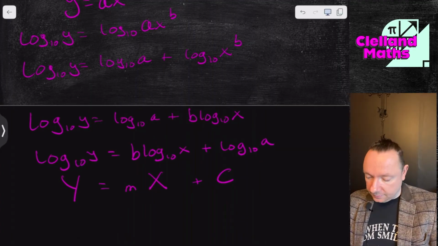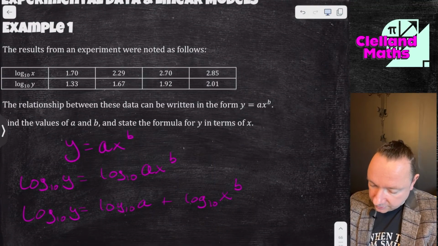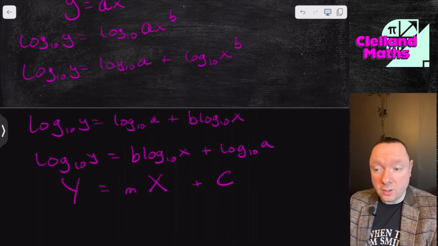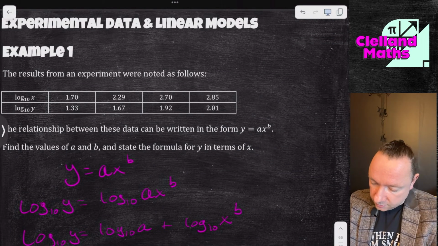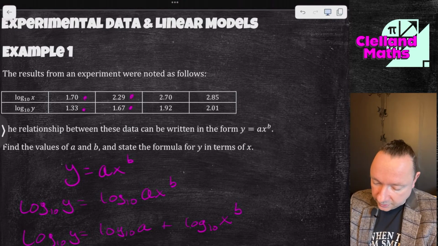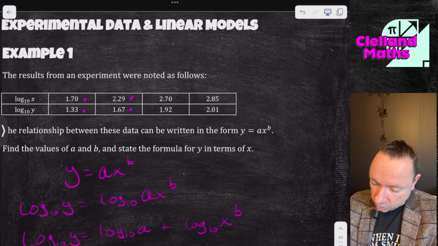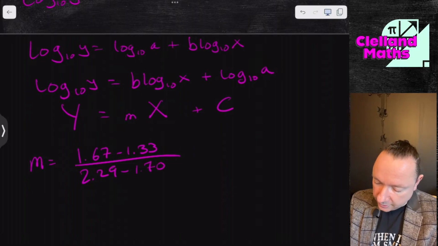What about our gradient? Well, our gradient can be determined by any points because our data is given to us in terms of log x and log y. So our gradient is y2 minus y1 over x2 minus x1. Working out our gradient, let's just pick these two numbers and these two numbers. So 1.67 minus 1.33 for our y's, and 2.29 minus 1.7 for our x's.